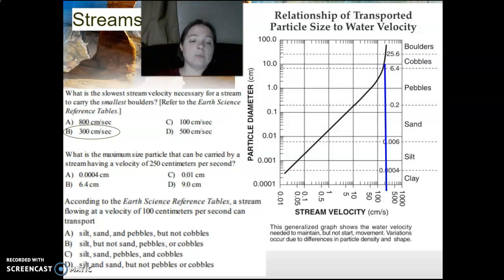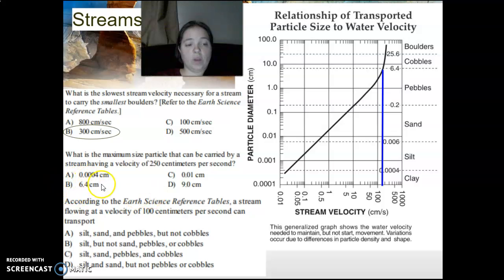All right, what is the maximum size particle that can be carried by a stream having a velocity of 250 centimeters per second? So I'm going to look down here at the centimeters per second again and find roughly 250, and that'd be where I was before. I see pebbles right here, the maximum at 6.4 centimeters.